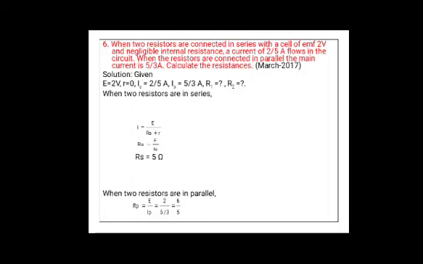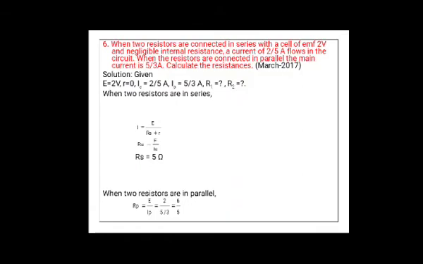Okay, now let us go for the next one, that is March 2017. When two resistors are connected in series with a cell of EMF 2 volt and negligible internal resistance, a current of 2 by 5 ampere flows in the circuit. When the resistors are connected in parallel, the main current is 5 by 3 ampere.